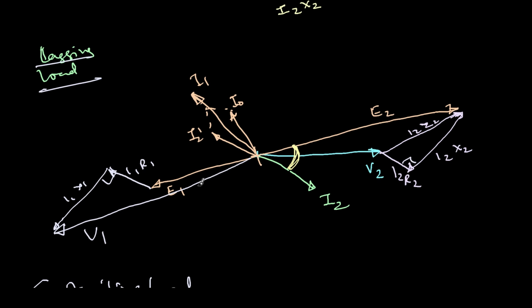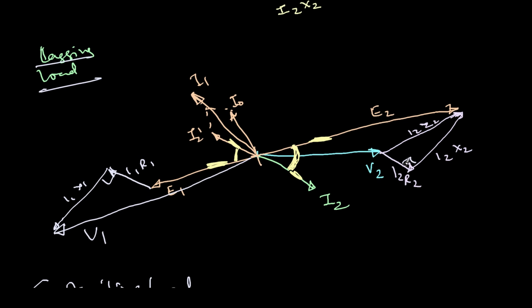Exactly opposite to E2 we have E1, and similarly this is I2 dash, exactly opposite to I2. Therefore this angle will be equal to this angle. So that is what we are trying to do.